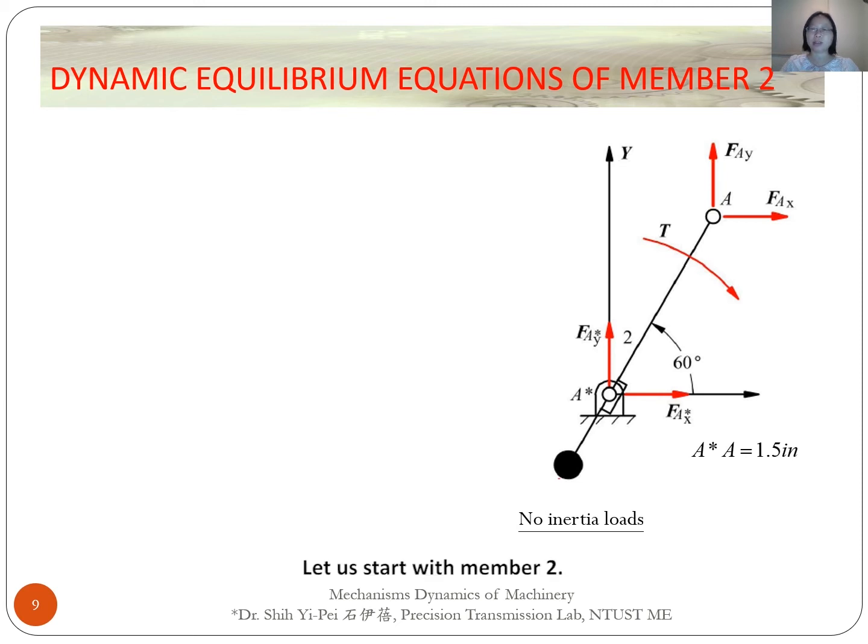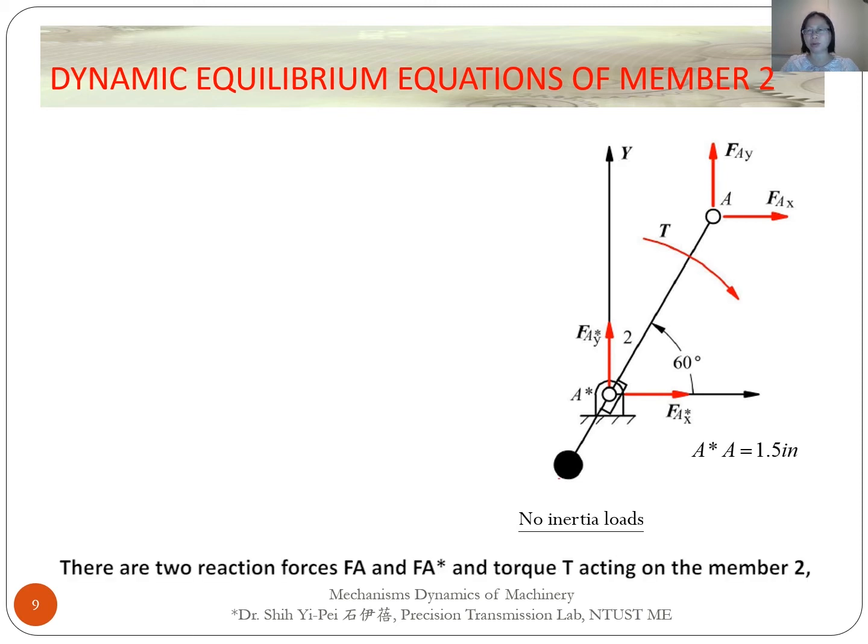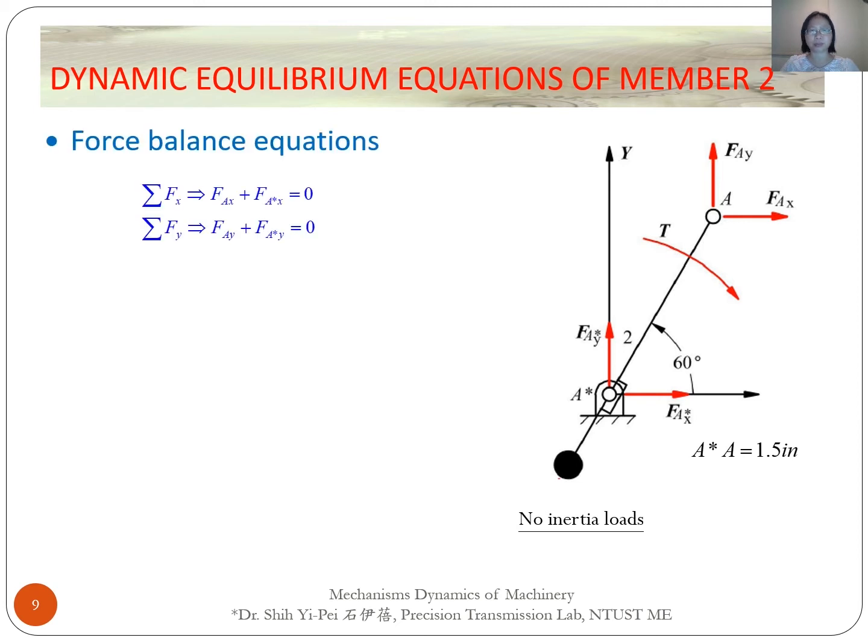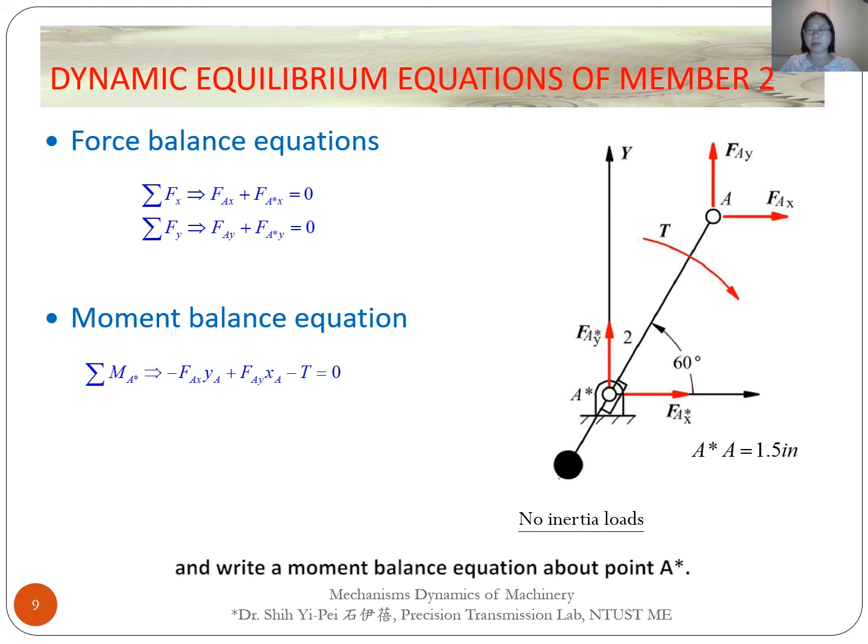Let us start with member 2. There are two reaction forces, Fa and Fa star, and the torque T acting on member 2. We write two force balance equations in x and y components, and write a moment balance equation about point A star.